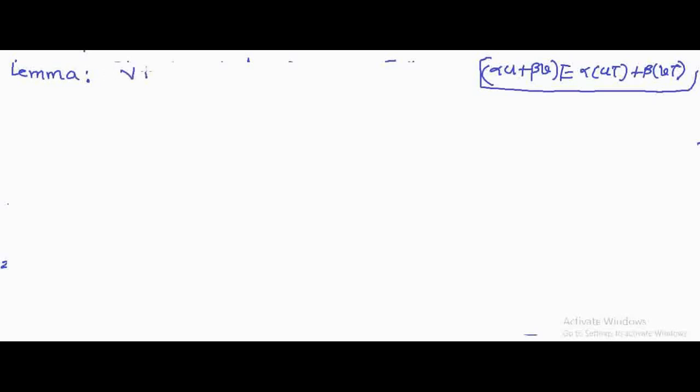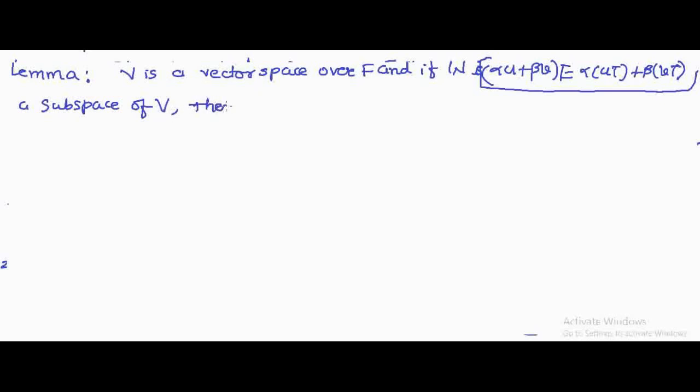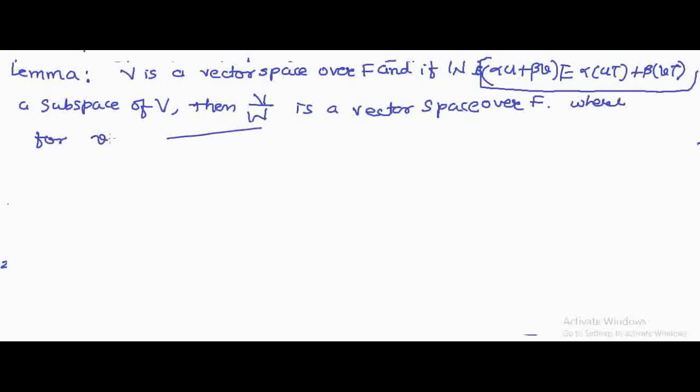If V is a vector space over F, and if capital W is a subspace of V, then V by W is a vector space over F, where for V1 plus W, V2 plus W belonging to V by W, this is a set V by W.